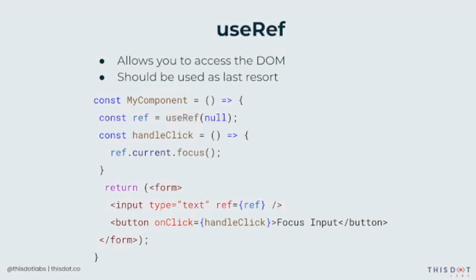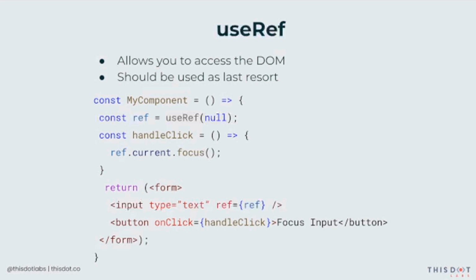There are very good use cases to use useRef, but a lot of the times you can solve these issues within React itself, and you might need to change the way you think about your development flow a bit to get to that answer. But I would urge you to look for the solutions within React. With that out of the way, let's have a look at this example.